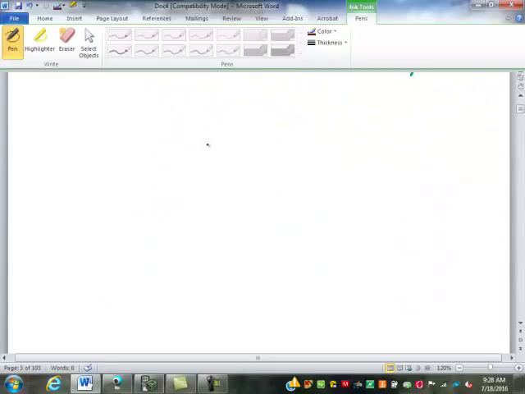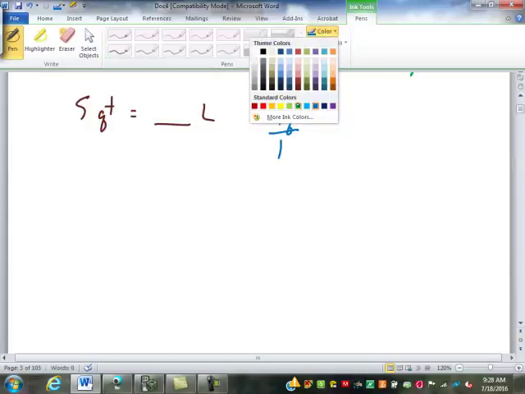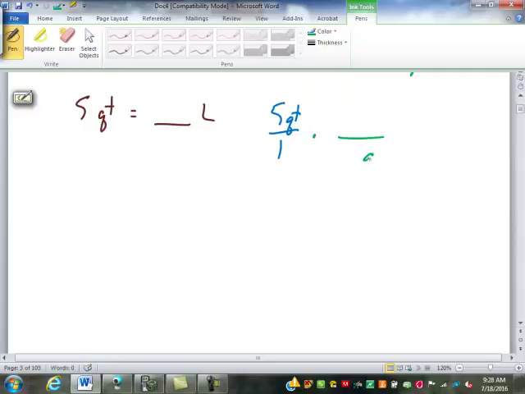Well, let's take another look at another one here. Let's say that we have 5 quarts. We want to go into liters. So I've got my 5 quarts over 1. In my conversion factor, quarts are going to go on bottom, and I'm going to want it to be 1 quart.